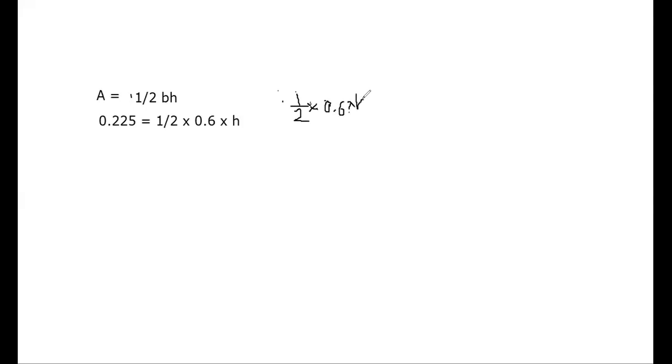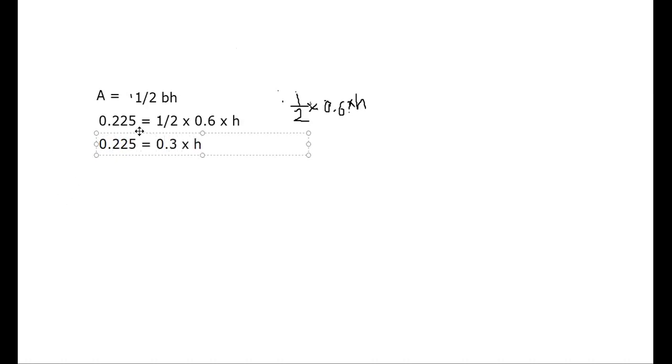Don't laugh at the handwriting because it's very bad, I know. First, of course, you have to solve this part of the equation. So how much is half of 0.6? Half of 0.6 is going to give you 0.3. Half means 0.6 divided by 2 will give you 0.3. So 0.225 equals 0.3 multiplied by h.